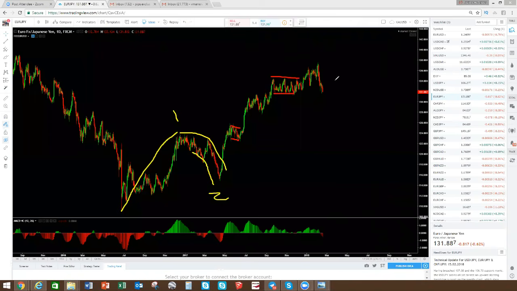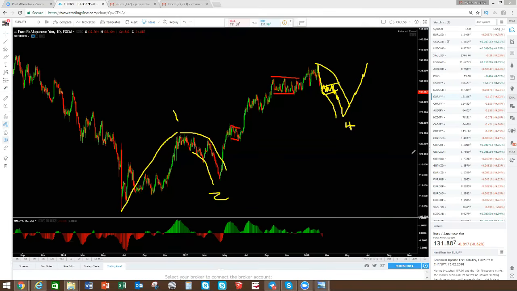I've been saying that we're waiting for a bigger correction on EURJPY. This one is starting to do an impulse here. So we'll be looking for a wave 4 and then a 5. Then from there, I'm going to expect another bigger correction to make it an ABC to go retest 150.